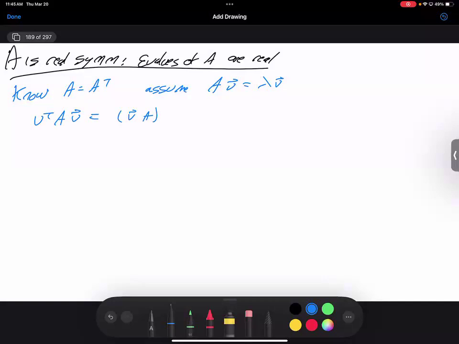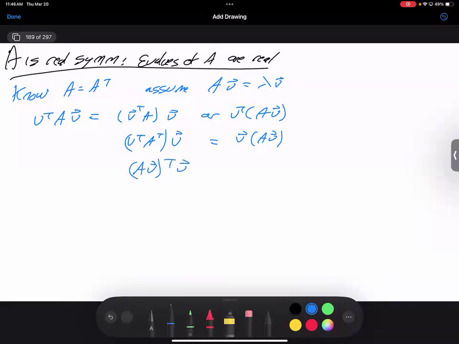V transpose A times V, or V transpose times AV. But this is the same, so I dropped the transpose. This is the same as V transpose A transpose V, because A equals A transpose. But V transpose A transpose is what? AV transpose V.